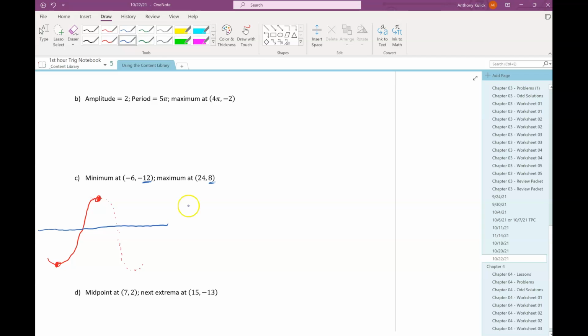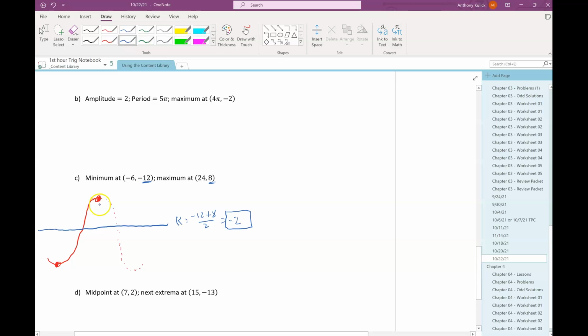So I can just add them up and divide by 2. So far, so good? Okay.